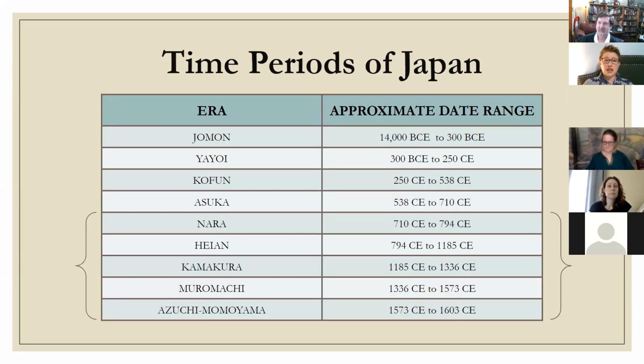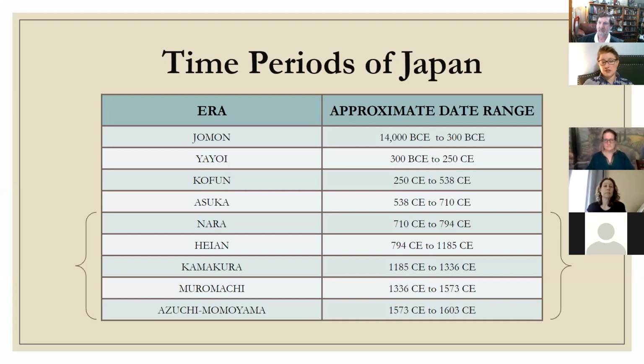So let's talk about the time periods of Japan. We have the Jomon, which is 14,000 BC to 300 BC. The Yayoi, which is 300 BC to 250 CE. The Kofun, which is 250 CE to 538 CE. The Asuka, which is 538 to 710 CE. The Nara period, which is 710 to 794.